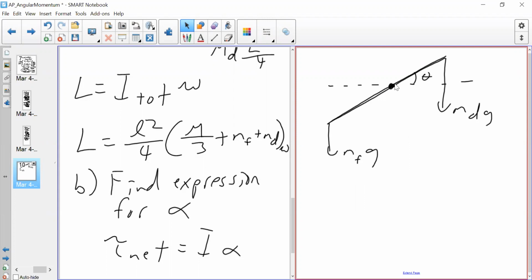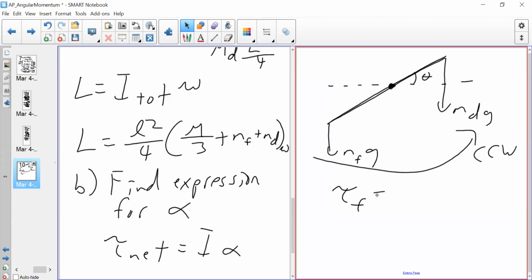The center of mass of the rod exerts no torque because it's at the hinge, the rotation point. So the father and the daughter apply torques. If we're just looking at the father, this force is going to cause the system to rotate this way, counterclockwise. Conversely, the daughter will have a clockwise torque, so that's going to be a negative torque.